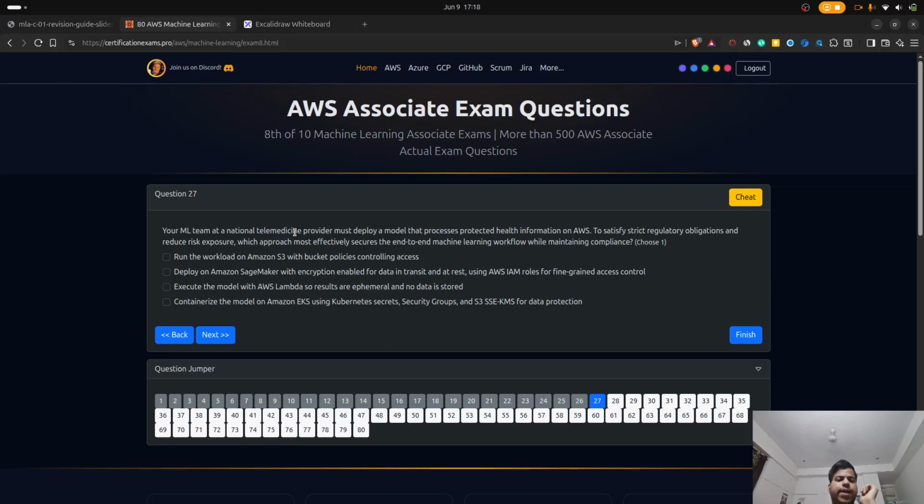Your ML team at a national telemedicine provider must deploy a model that processes protected health information on AWS.